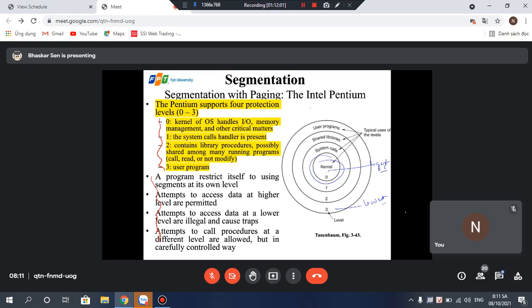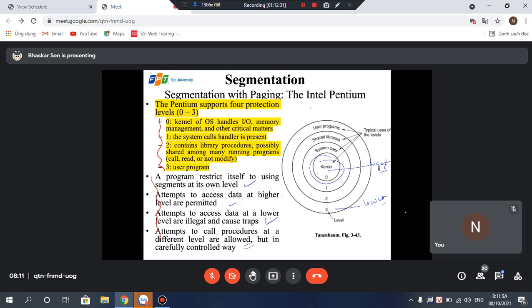The highest level easily can access the lowest level. The program is itself using segments of its own level. That's true. Attempts to access data at higher levels are permitted. Attempts to access data at a lower level are illegal and will cause traps. To call procedures, the different levels are allowed, but in a carefully controlled way.